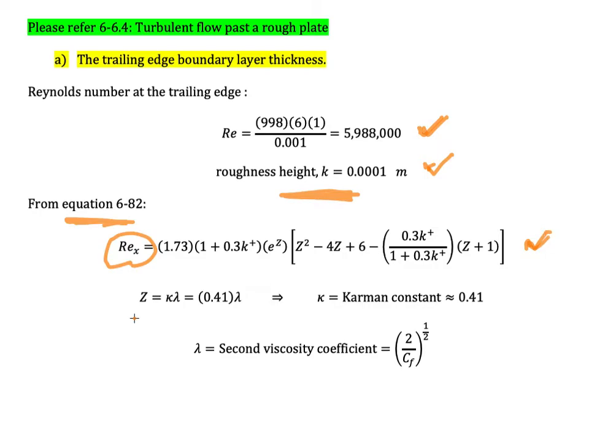For example, the value of Z here is K lambda, where K is the Karman constant, normally 0.41. The lambda here is the second viscosity coefficient, and the correlation of lambda and the local drag coefficient CF can be written as 2 over CF to the power of 1 over 2, meaning the square root of 2 over CF.